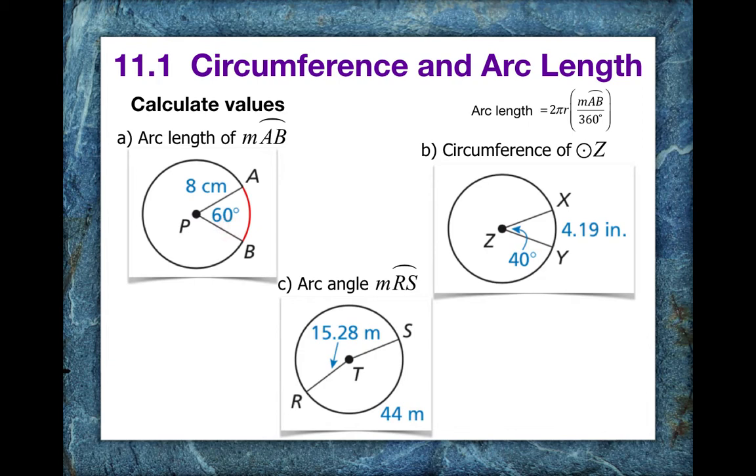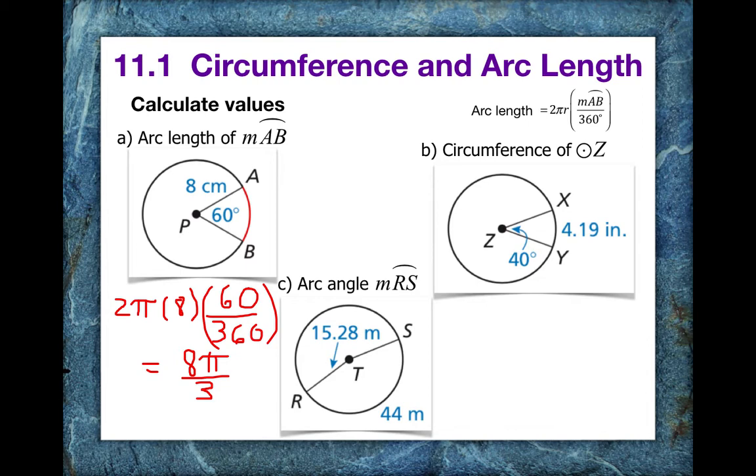So what we're going to do is first calculate the circumference, which is 2 pi r, which is 8, and then multiply that times 60 over 360. And that is going to equal the arc length AB that we want here. And the value that we should get is 8 pi over 3. And that's the length from A to B.